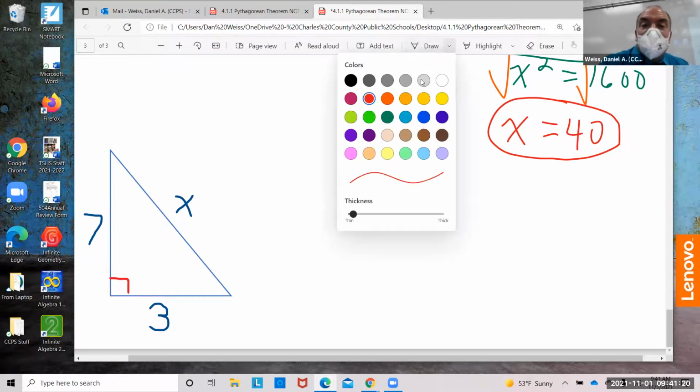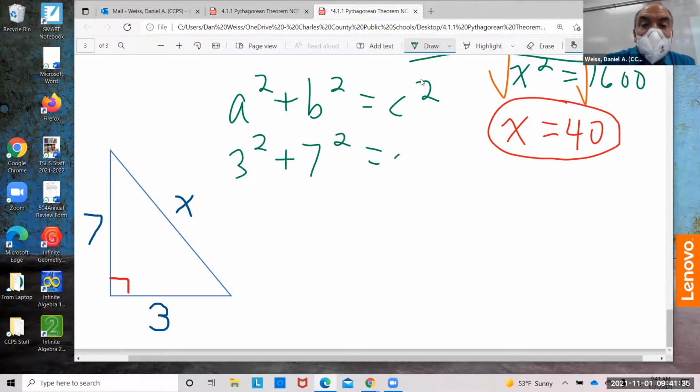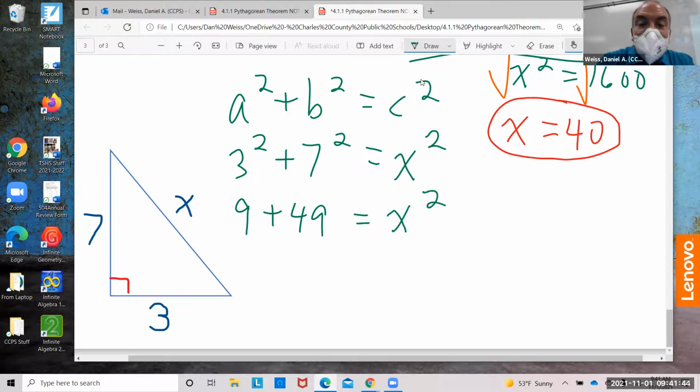What happens here? Okay, you still have a squared plus b squared equals c squared. But this time, 3 squared plus 7 squared equals x squared. Now we have 9 plus 49 equals x squared. 9 plus 49 is 58 equals x squared.